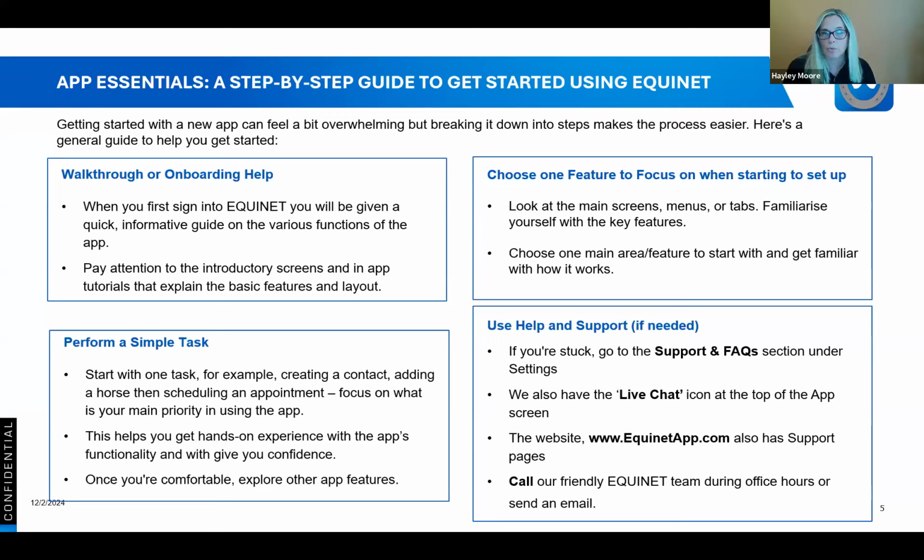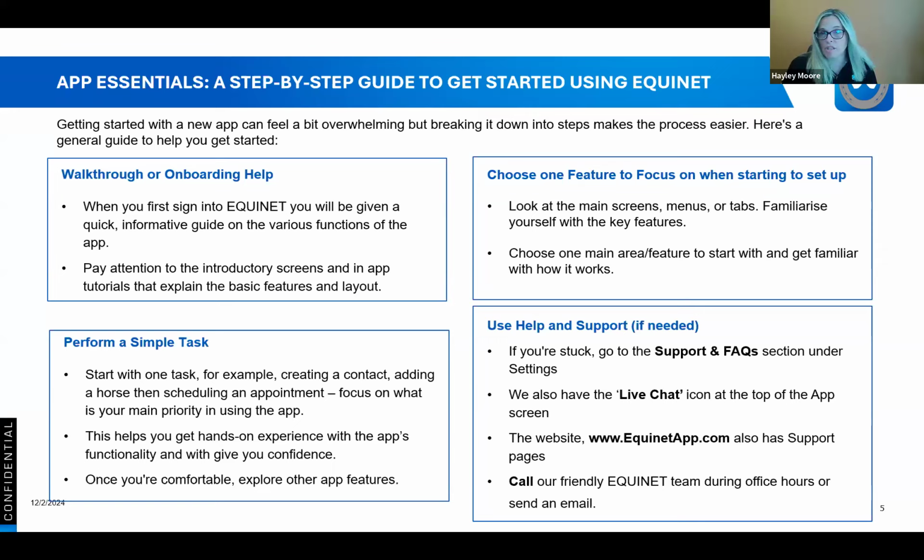There's some onboarding which will take you through the different features of the app and how they work, with introductory screens. Also within the app you get some in-app tutorials under the messages section, which will explain those basic features and layouts as well.